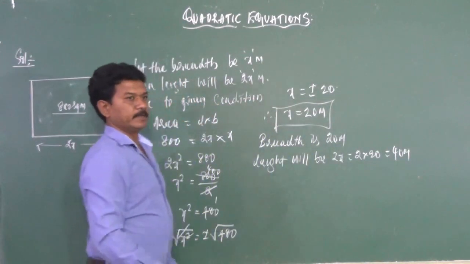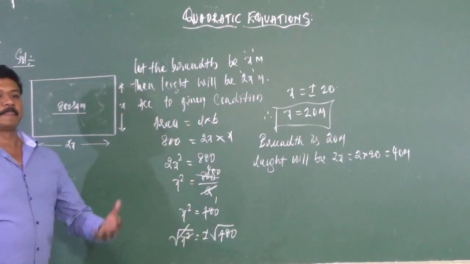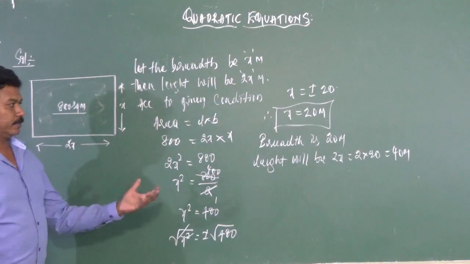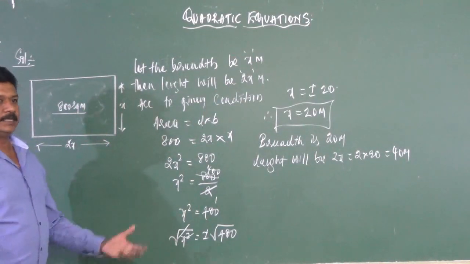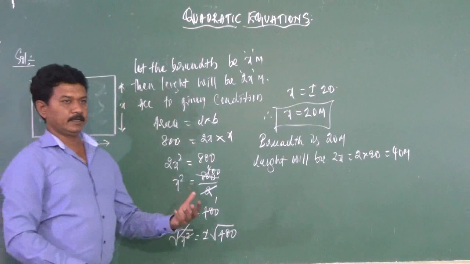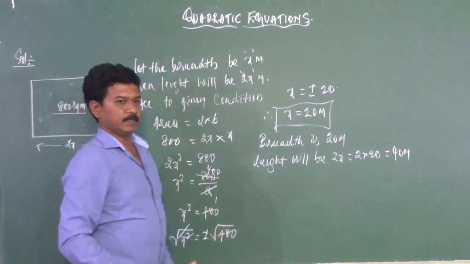So it is possible because the quadratic equation is giving you real roots. As this quadratic equation is giving you real roots, this design of the rectangular mango grove is possible. Right.